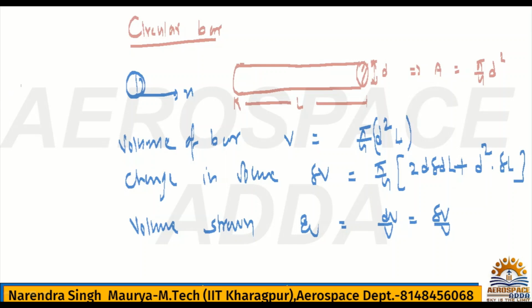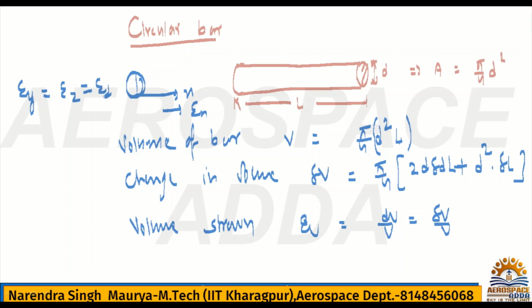That's the reason epsilon y and epsilon z will be the same, because for the circular cross section, in the radial direction all dimensions will be the same, so y and z will be the same, hence strain will be the same. But along the x, the length is totally different from the diameter. Hence in the x direction the strain is epsilon x. But in the y and z direction it will be the same, epsilon d.